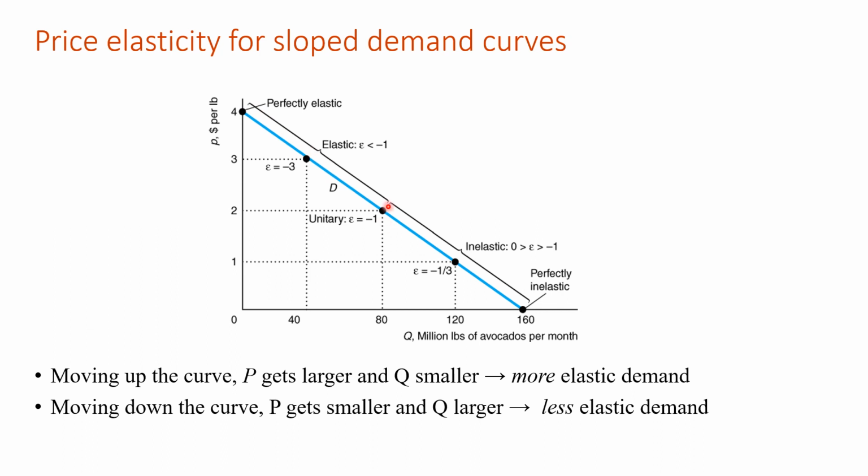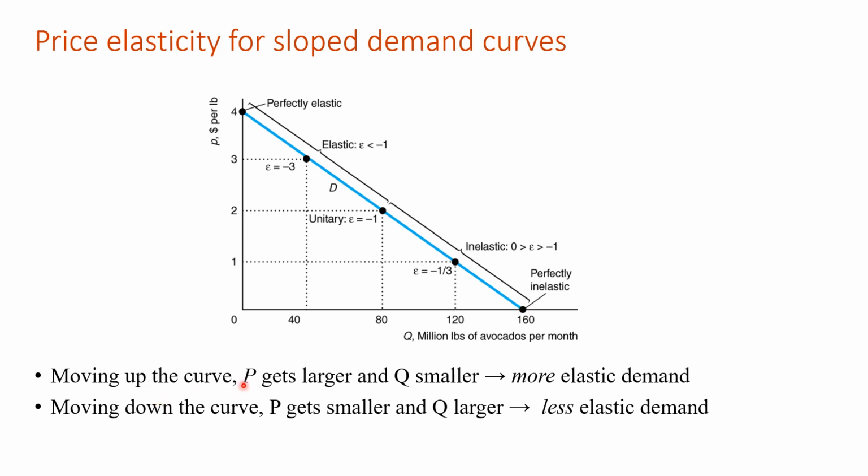Between that and this point here, the price elasticity is less than minus 1. Pardon me, it's between 0 and greater than minus 1 if we are in this part of the function. And it's perfectly inelastic, in other words, 0 at this point here.